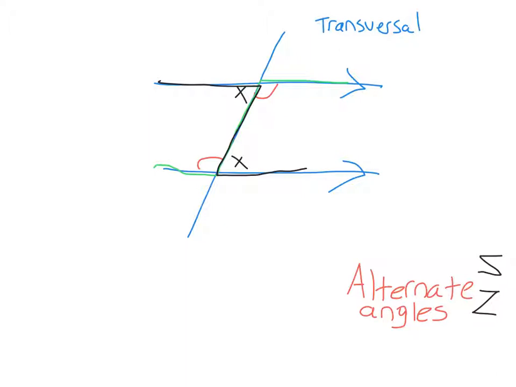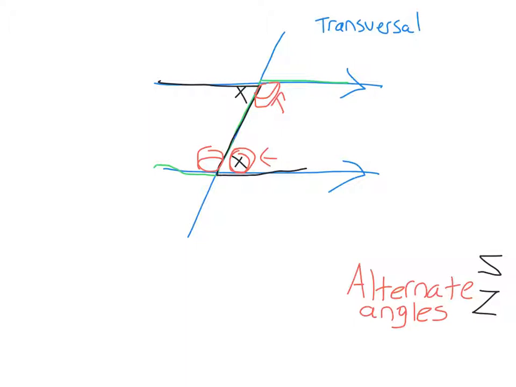Now, I said before that we had these two angles adding to 180, right? But if this plus this equals 180, and this plus this also equals 180 because they're supplementary, then the two red angles must be equal.